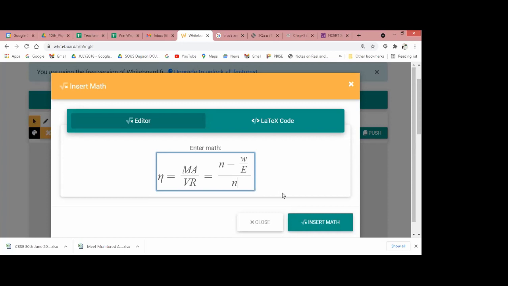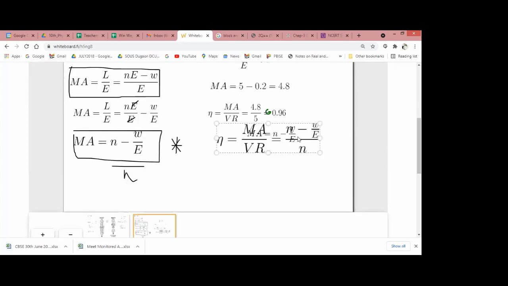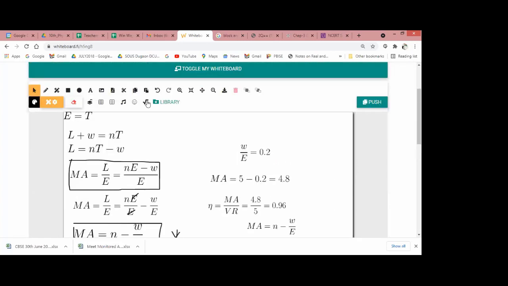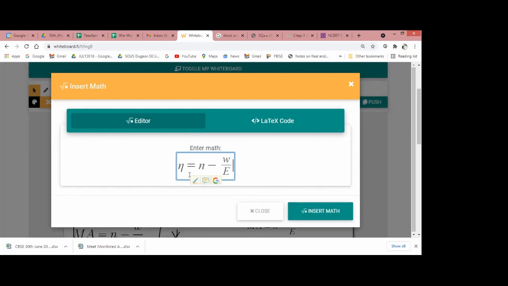Okay, so if this is the case, I separate them now. Now, here is another logic for why efficiency is less than 100%. I'm separating that N. If I separate that N, it will be N upon N, and W upon E divided by N will become W upon N into E. Am I correct?